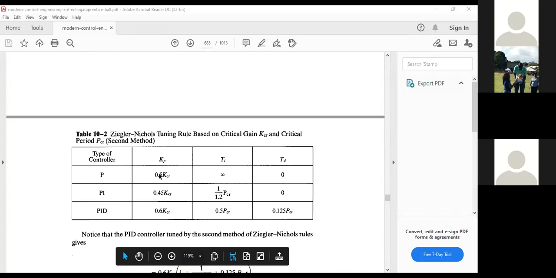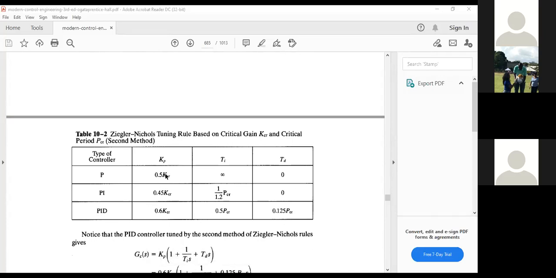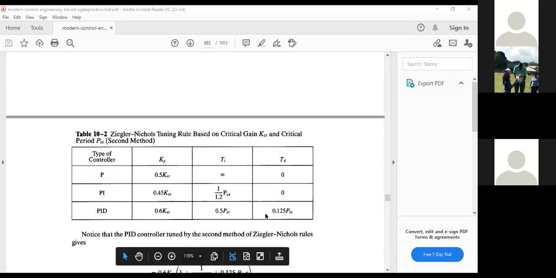If you're just using a proportional controller, then you set the gain to be half of the gain that you got when you had your oscillations. If you're setting a PI controller, then it's 0.45 times KCR. Obviously, these numbers are not to be memorized. It's just a table that we would use.